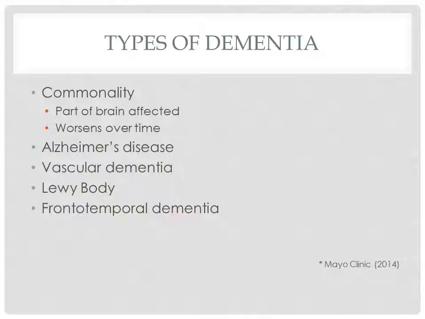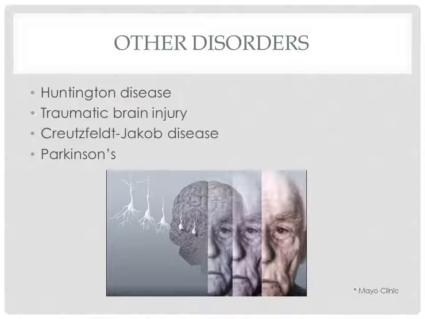The different types of dementia are Alzheimer's disease, vascular dementia, Lewy body dementia, and frontotemporal dementia. Other disorders linked to dementia are Huntington's disease, traumatic brain injury, Creutzfeldt-Jakob disease, and Parkinson's.